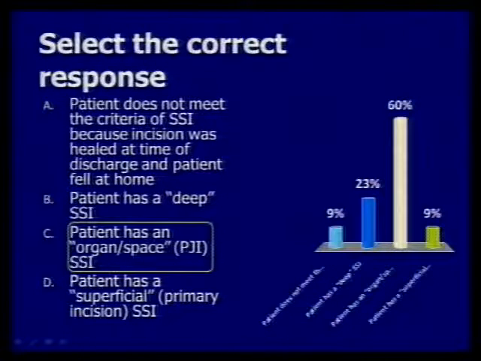So now we do, regardless of what happens after they have that procedure. We can't base it on how their environment is at home, what their hygiene status is at home. If they get an infection after that surgery and it meets our definition and it's within that surveillance period, then we have to count it.